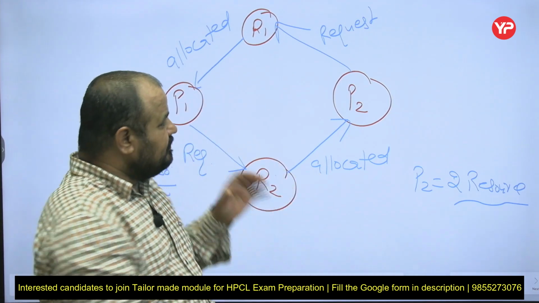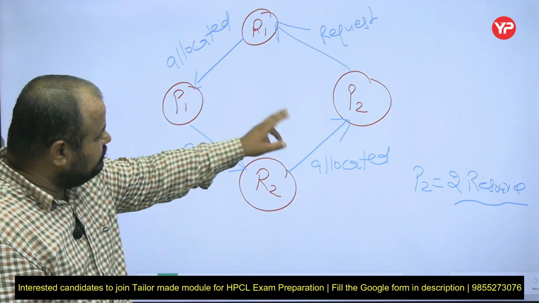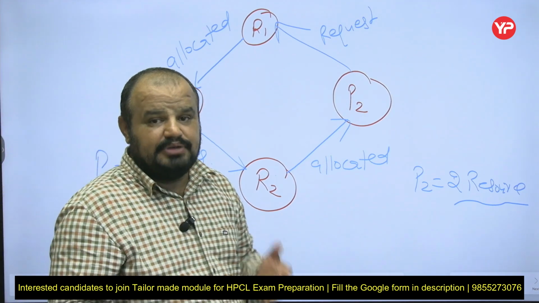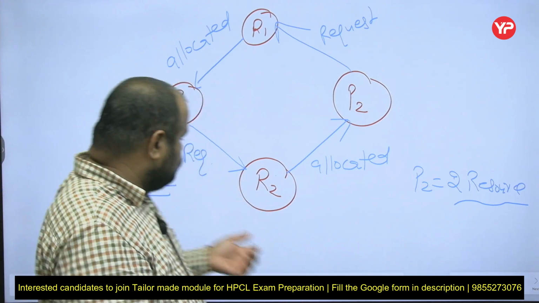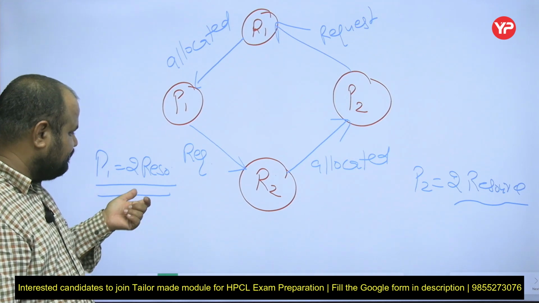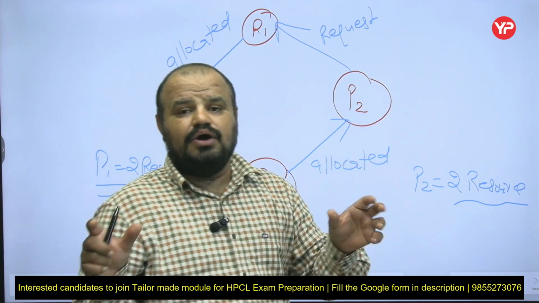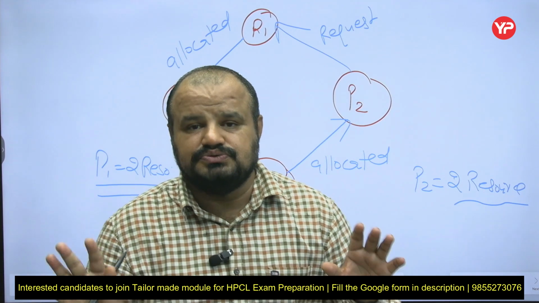Fine. It means they are waiting for each other to release the resources, but they cannot wait forever because they have to complete their task, and for completion they require both resources. It means now no one is in the execution state.